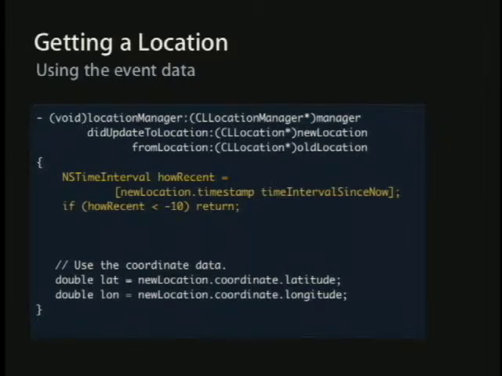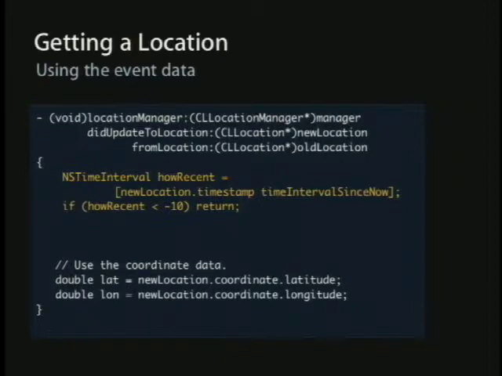And then I also mentioned that you can figure out how long it's been since the last notification you got. There's a timestamp property on a CLLocation, because a new one is generated for every notification you get, and they're timestamped. So newLocation.timestamp is the time that that location was generated. And you can get timeIntervalSinceNow, which is a method on NSDate.